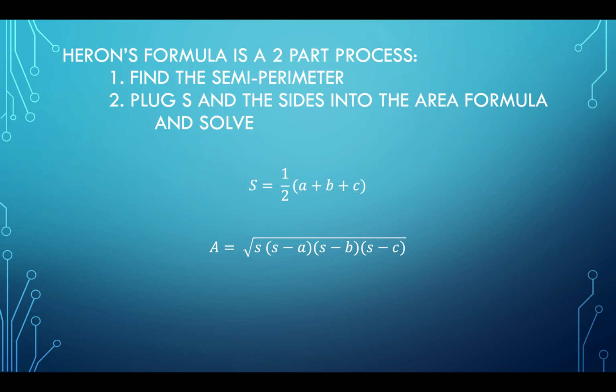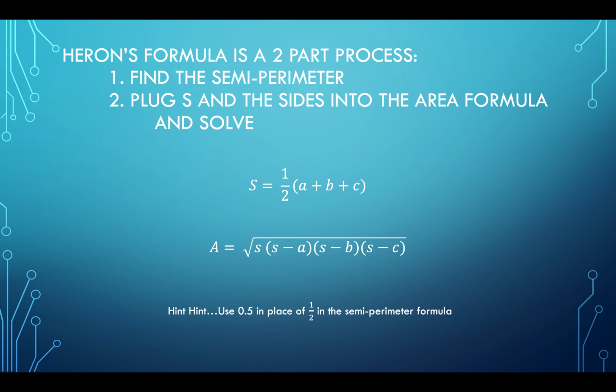So there's 4 S's, and then we have 3 sides. Each of those sides is going to be plugged in, and whatever we find that semi-perimeter to be, we're going to see that number in the formula 4 times. So our area, once again, is equal to the square root of S times S minus A times S minus B times S minus C.